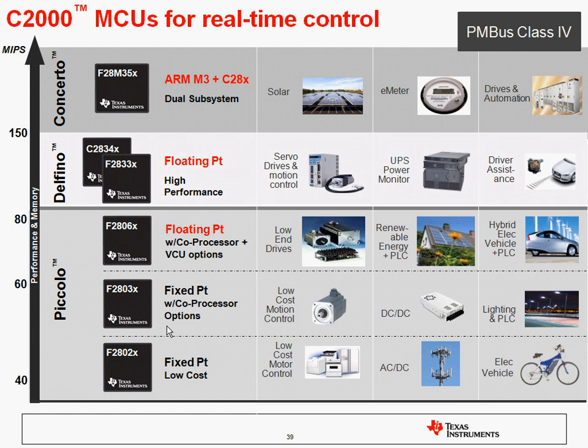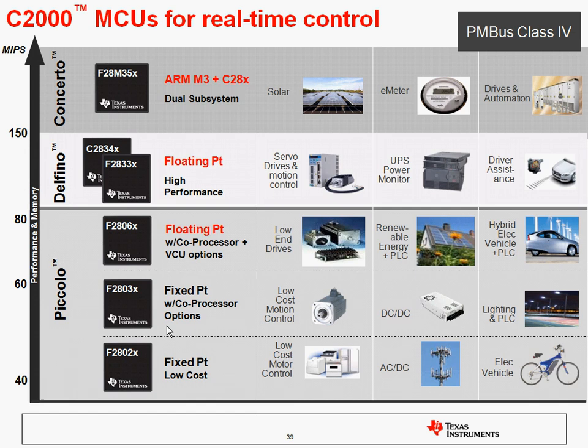And TI's C2000 microcontrollers are really a great family for this kind of application. On the lower end, the Piccolo devices are optimized for lower cost, more consumer-driven types of applications, whereas the Delfino and the Concerto are higher end.